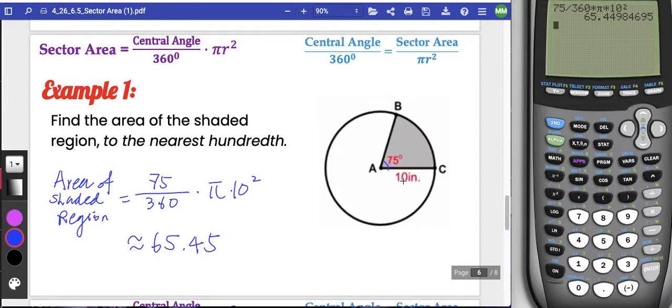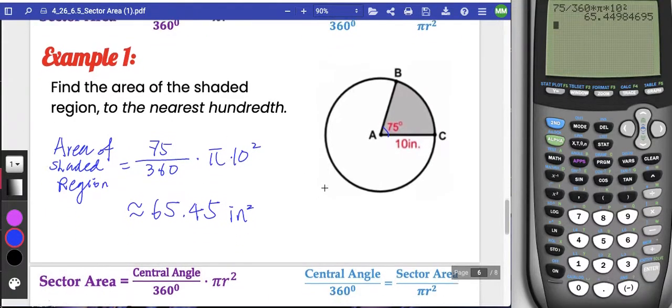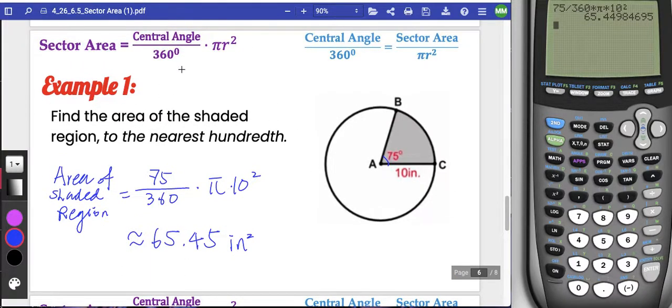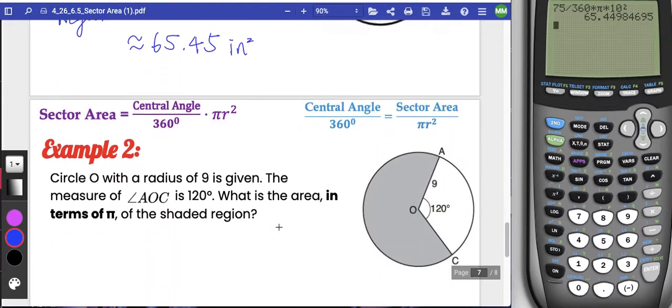Since the radius is in inches, the unit for the area is square inches. Okay, so that's the first question. That's how we use the formula. It's very straightforward, right? So I just want to remind you again, do not change pi to 3.14.